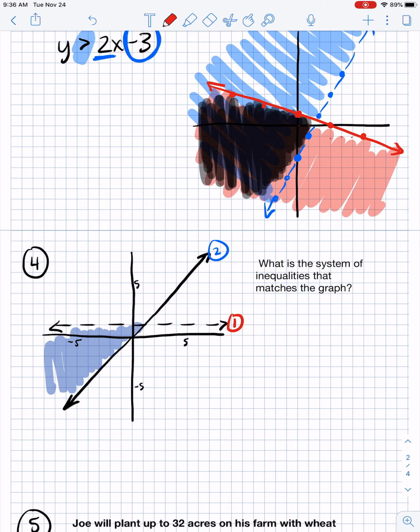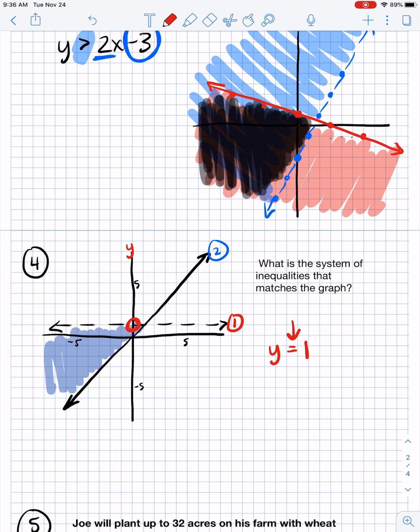So for the first one, if it goes to the left and right, that's one of our special equations. So I always think, which axis does it go through? It goes through the y-axis right here. So it's going to be y is equal to, and then where does it go through that axis? Just at 1. Now the problem is we know it's not y is equal to 1.